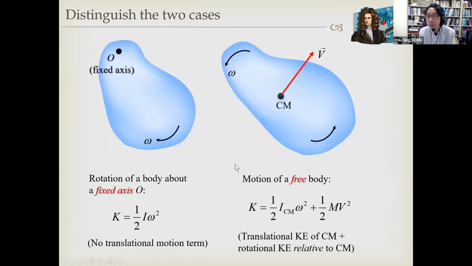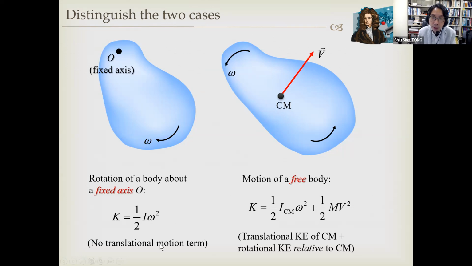Now, there might be some confusion in stating the energy of a rotating object. At the very beginning of our discussion on rotation, we proved that when a rigid body is undergoing a rotation about a fixed axis, which I call O, with angular velocity omega, then the kinetic energy is half I omega squared. This is what I proved at the beginning of this chapter.